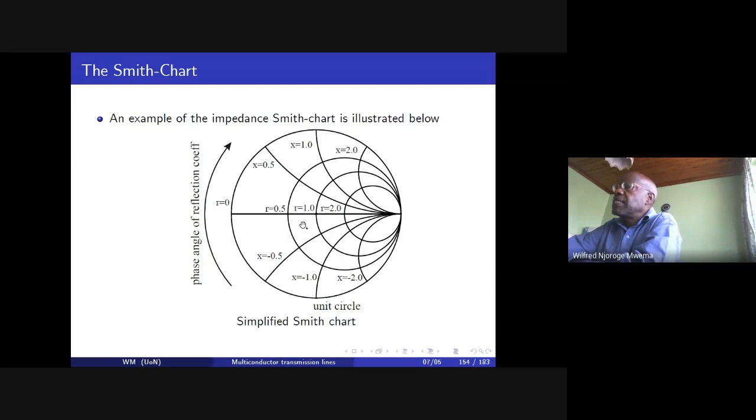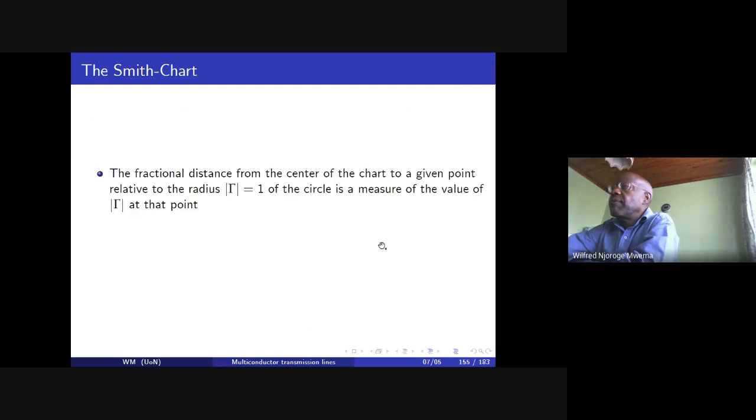That is, if you draw a line straight from the center of the chart, the origin of the gamma plane, to the unit circle, any distance that you measure relative to that will just be equal to the magnitude of gamma.